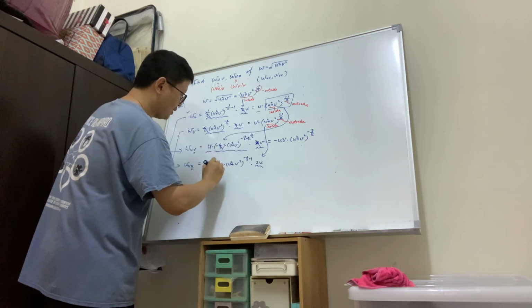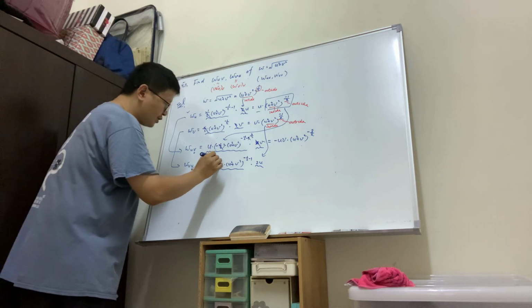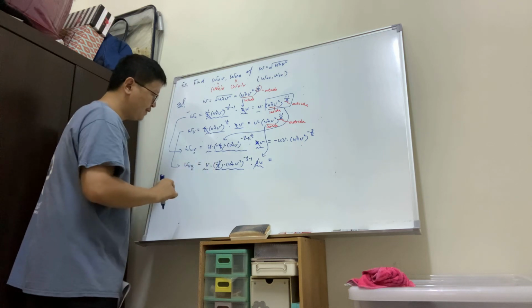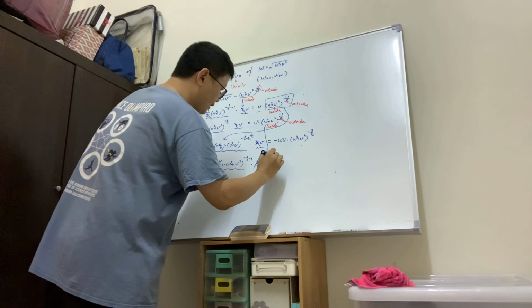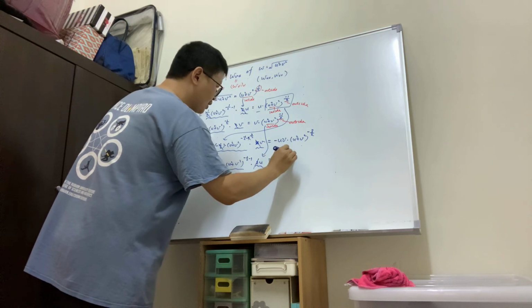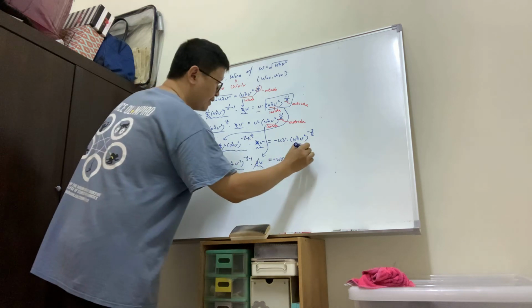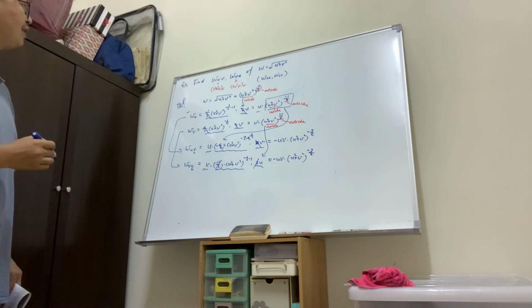And again, cancel it. Still have the negative sign, so it's negative uv times u squared plus v squared to the power of negative 1 half subtract 1, so it's again the same, negative 3 halves.